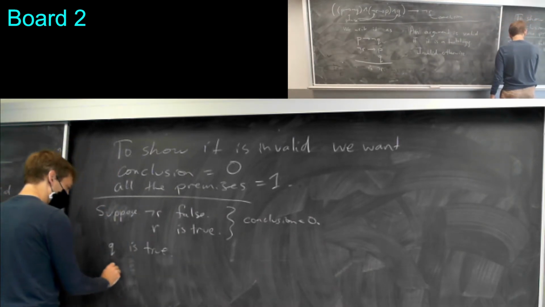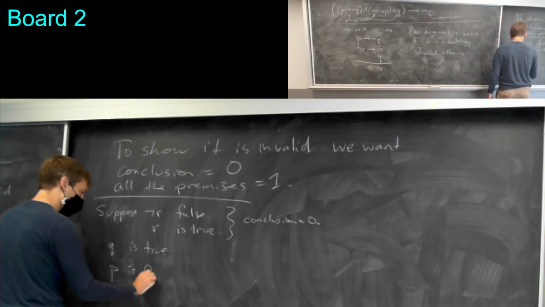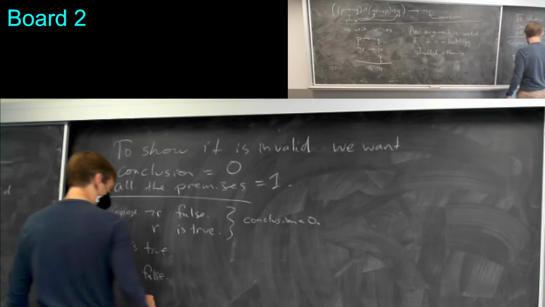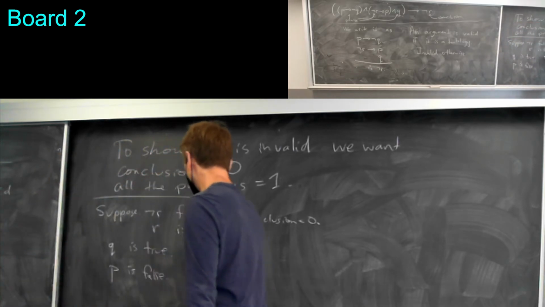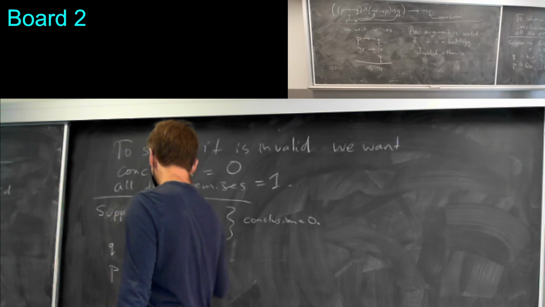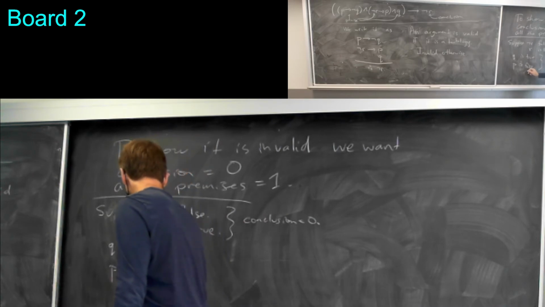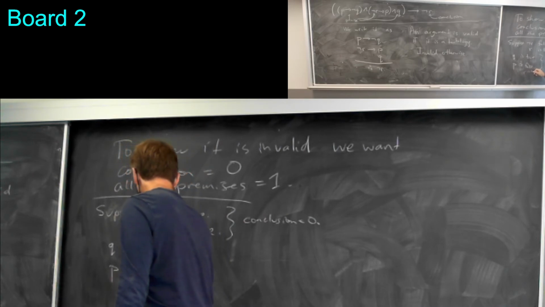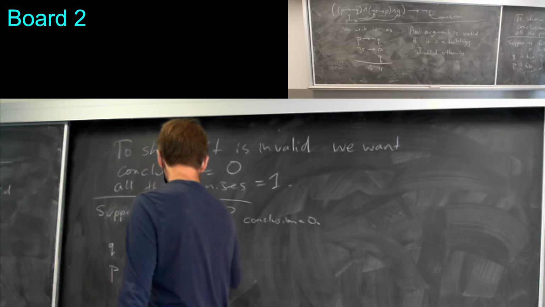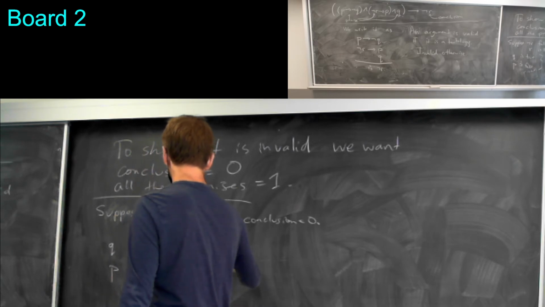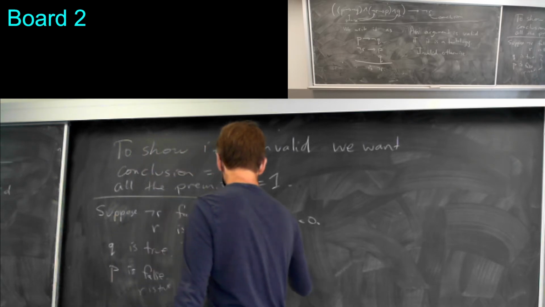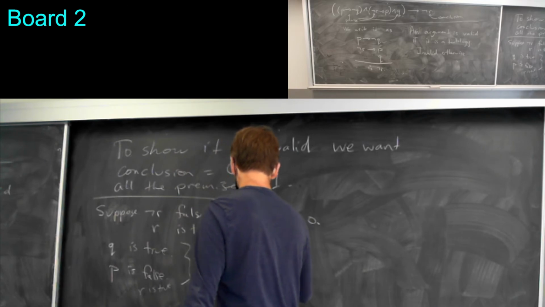So P is false. So now, just with this stuff, and the fact that R is true, this means that the premises are all true.